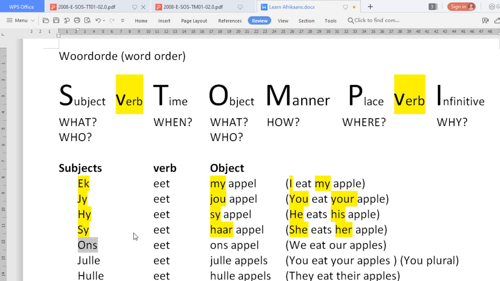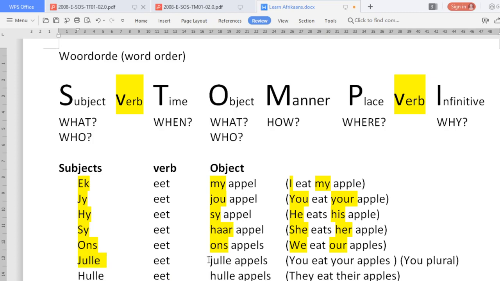Then ons eet ons appel. We eat our apples. Okay, and the ons doesn't change, it stays the same. Ons eet ons appel. So we and our in Afrikaans is the same word. I'm just going to say apples instead of apple. And then julle is you in plural.